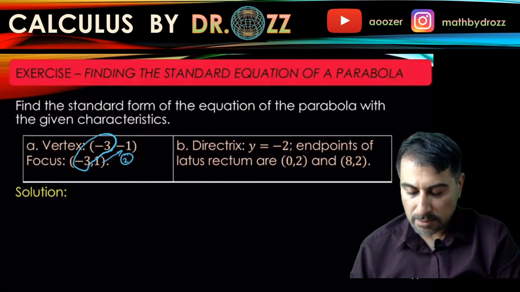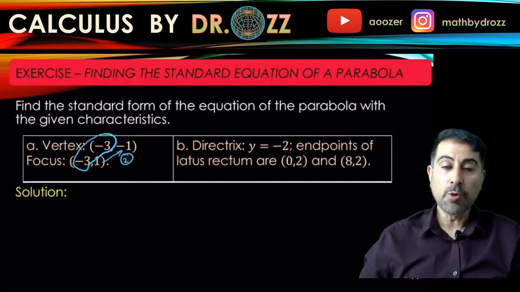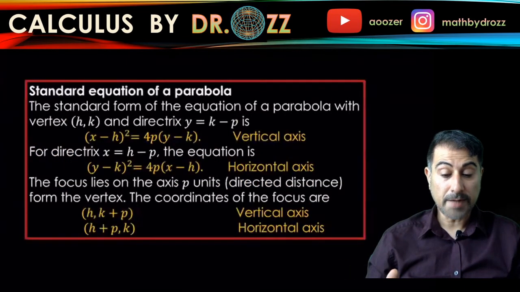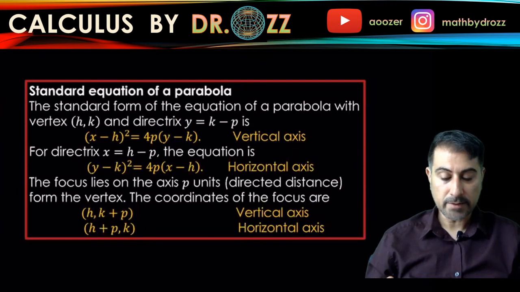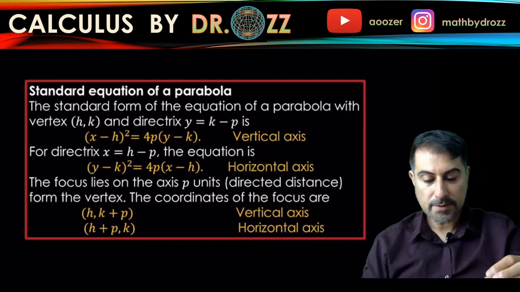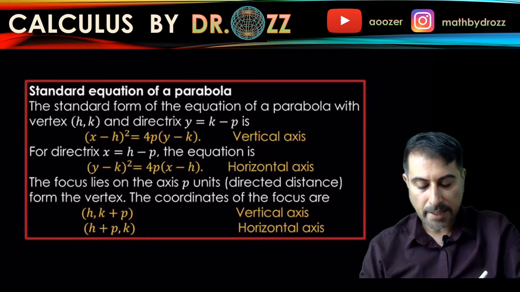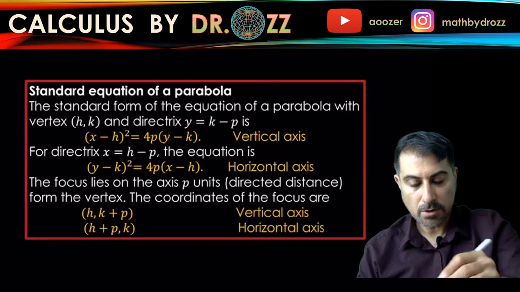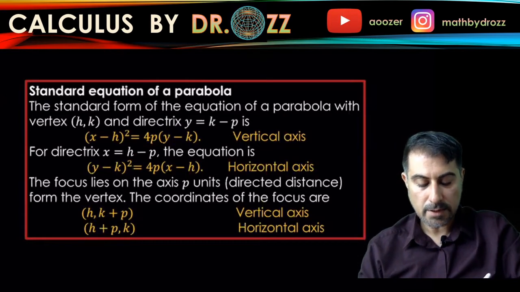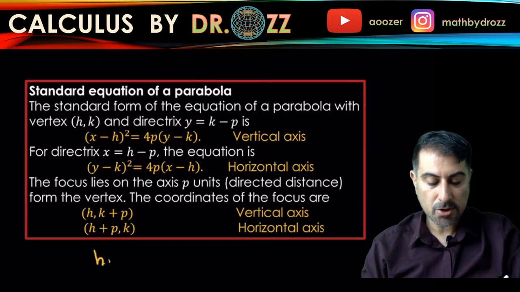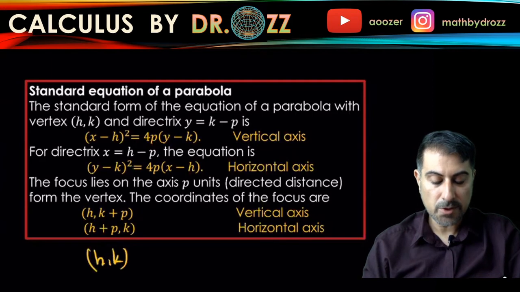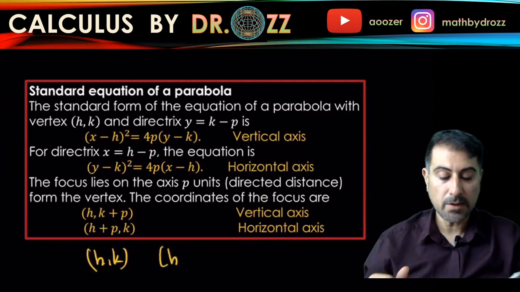Let's go back to the standard equations of parabolas. You have two kinds, obviously. One comes with a vertical major axis, and the other one is a horizontal major axis. Here, the vertex is coming with the coordinates h and k. I said that h is the same for the focus, but there is an increment p.